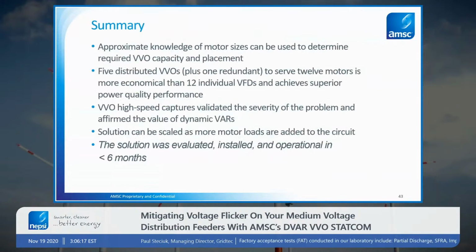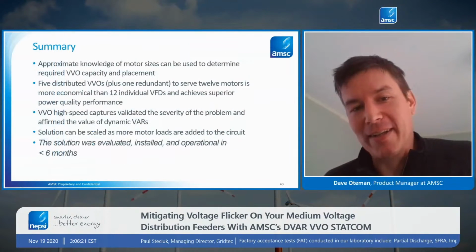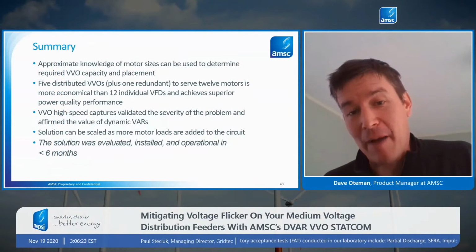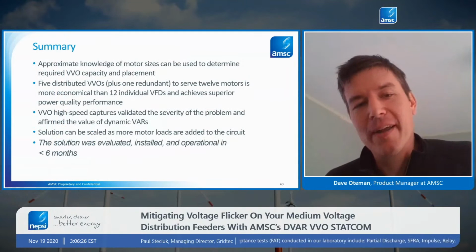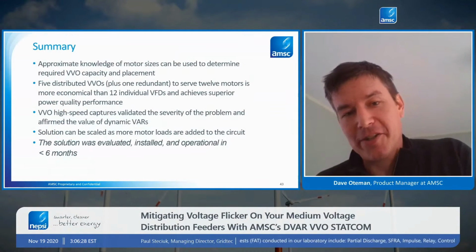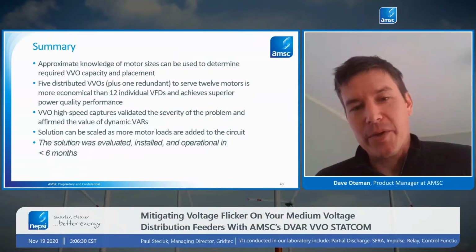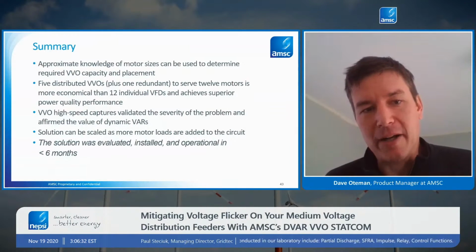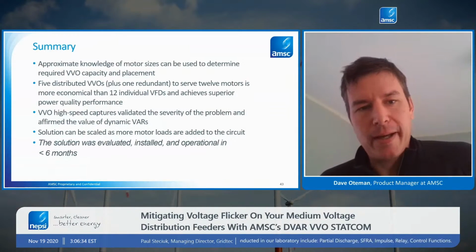So this is a pretty complex problem that is causing a lot of operational issues for this customer. Because of the nature of the distributed operation, it was very difficult to find a cost-effective solution.